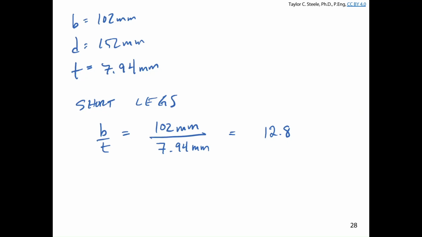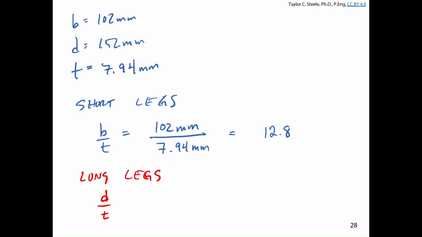Okay. So next we're just going to do the long legs, get the B over T ratio. For the long legs, again, when I do B over T, that's a common width to thickness calculation for plates. B in this case happens to be B for the short leg. When we're doing that calculation, we use the D value for the long leg.